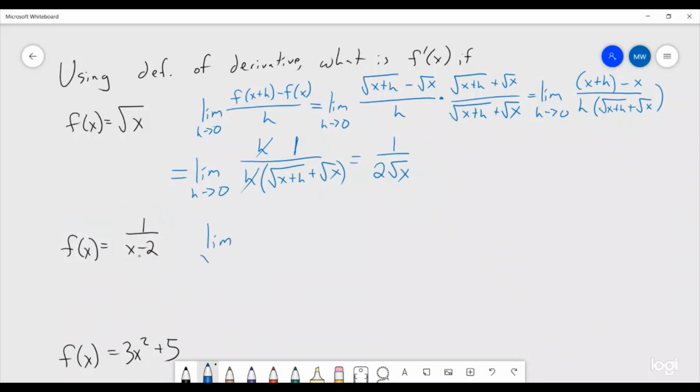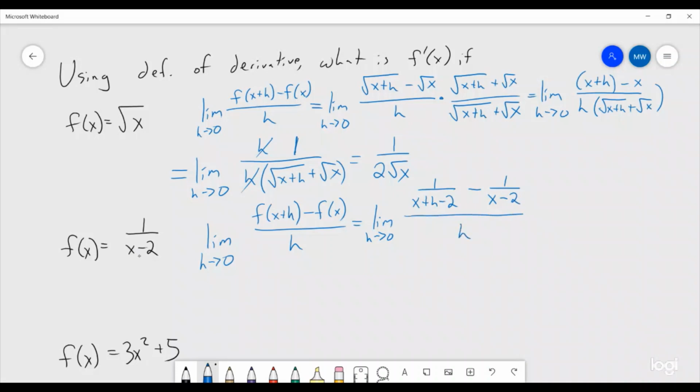Alright, this next one is going to be the limit as h goes to 0 of f of x plus h minus f of x, divided by h. So this is going to be the limit as h goes to 0 of 1 over x plus h minus 2, minus 1 over x minus 2, all over h.